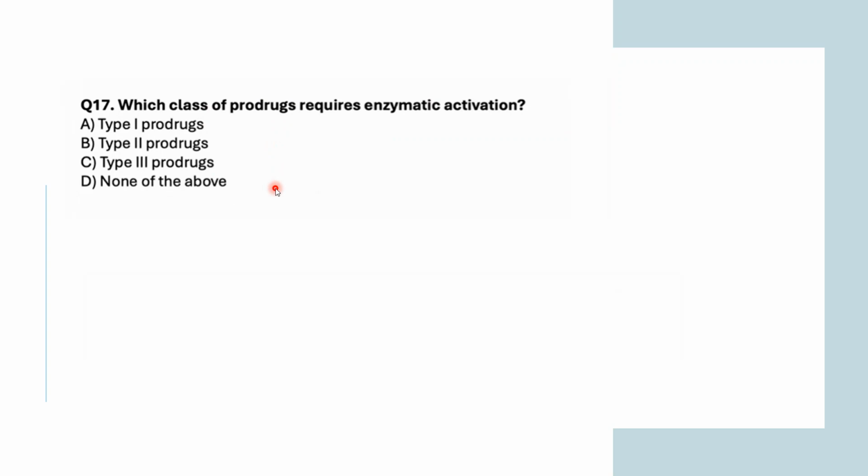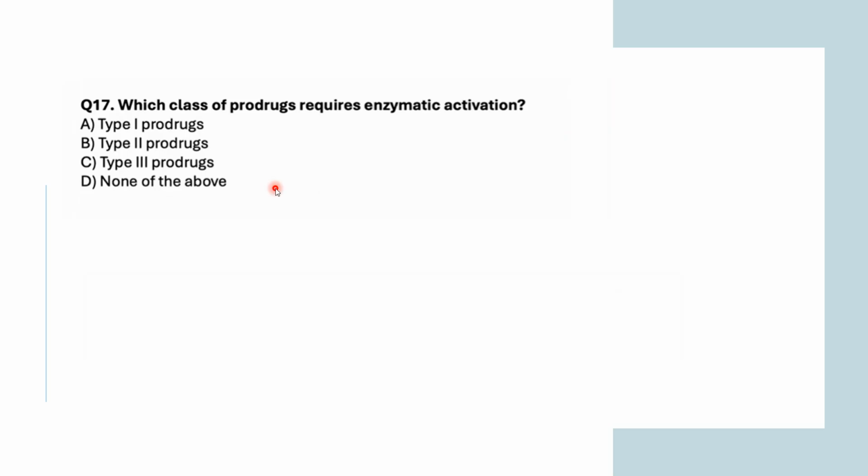Okay, moving forward. Which class of prodrugs requires enzymatic activation? Type 1, type 2, type 3 prodrugs, or none of the above. Prodrugs are classified into classes actually. So three types of prodrugs are available.